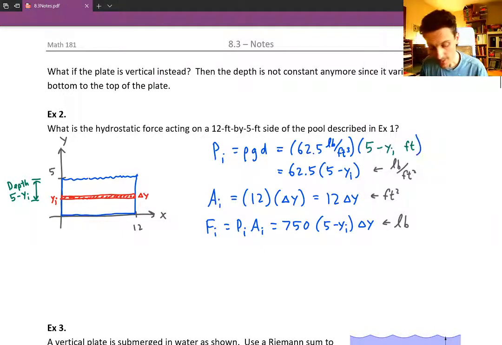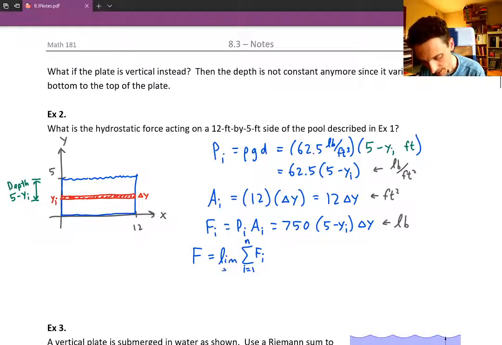Now that's just the force acting on that little strip. But then we have the force acting on all the other strips at all the other different depths. So to get the total force, we add up the forces acting on the little strips from i equals 1 to n, so the sum as i goes from 1 to n of f sub i. And then to make that the exact force acting on the whole side of the swimming pool, we'll take the limit as n approaches infinity.